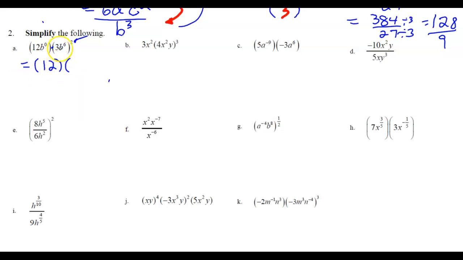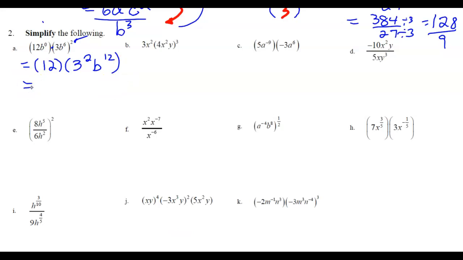Then, nothing to do inside the brackets, but we've got exponents there. So we've got to square the 3. B to the 6 squared is B12. Now, if you want to do 3 squared in your head, absolutely, you go for it. I'm doing it in steps because I've been teaching for a long time.